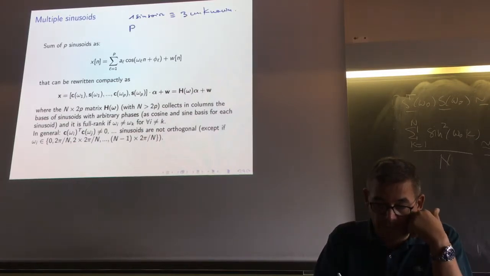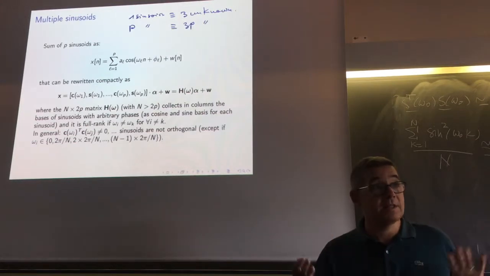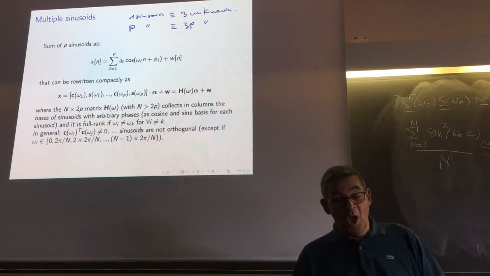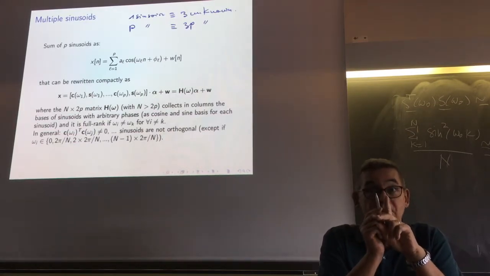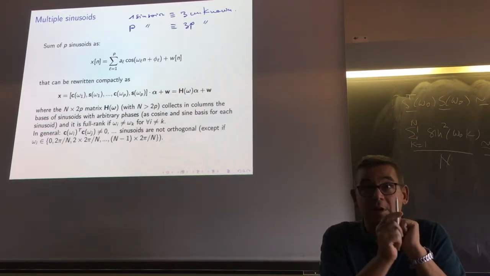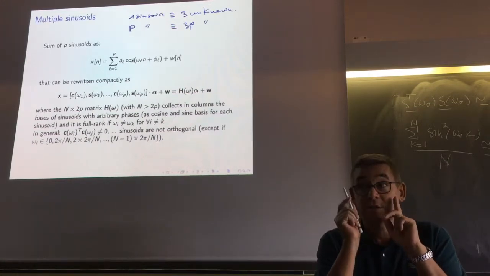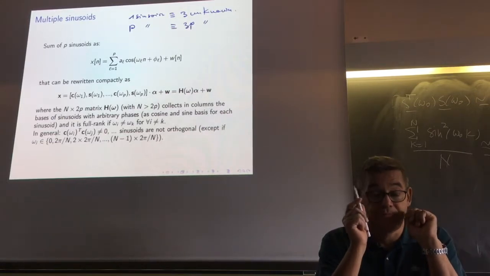So P sinusoids is equivalent to 3P. If I have multiple sinusoids, the problem gets more and more complex. And when the sinusoids are very close to one another, it's even worse. So we need to use high resolution methods, very accurate methods. Those methods use the algebraic structure that we discussed the last couple of days.